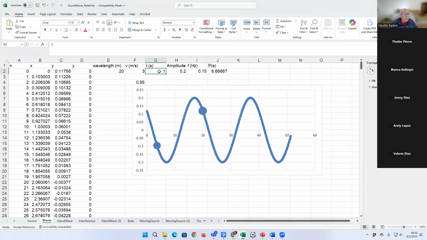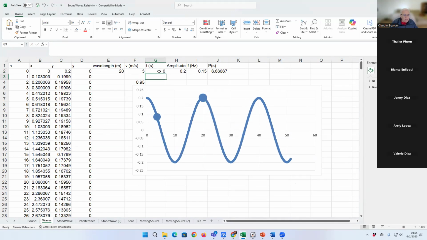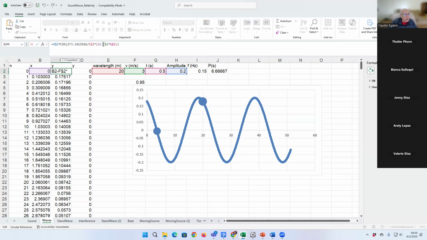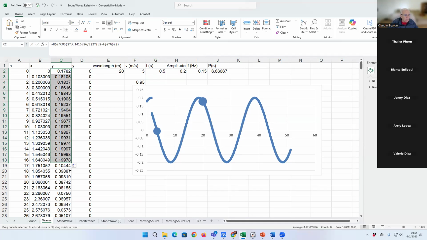Let's try it again. Watch for this wave, right? Let's go in steps of 0.5 seconds. This one is moving to the left. It's a backward propagating wave. Let me make it a forward propagating wave instead.